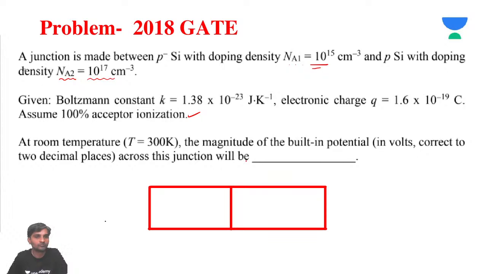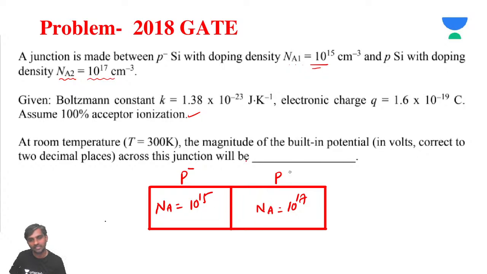He's saying this is P minus and this is P, with an acceptor concentration of Na equal to 10 to the power of 15 for this and Na equal to 10 to the power of 17 for this.